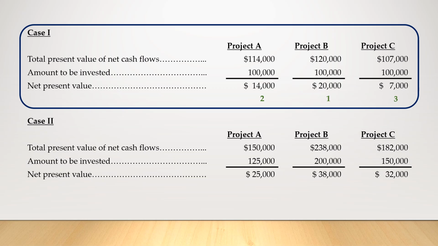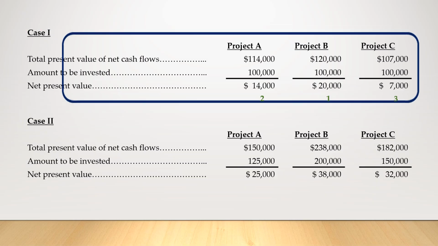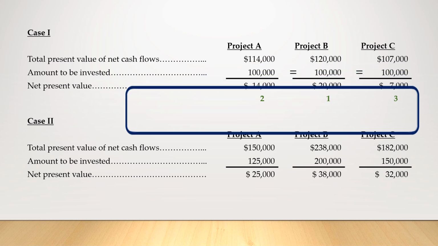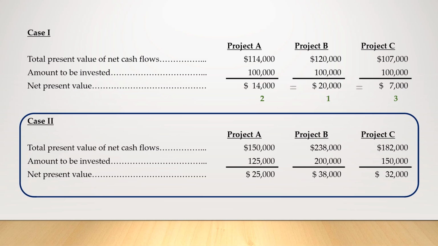Evaluating these projects based upon their NPVs only works in this instance because they all require the same dollar investment. These rankings are a little less obvious in case 2, where the projects have different buy-in amounts.